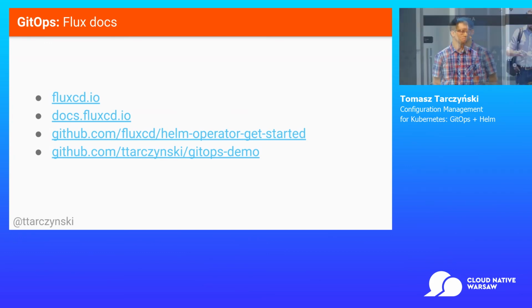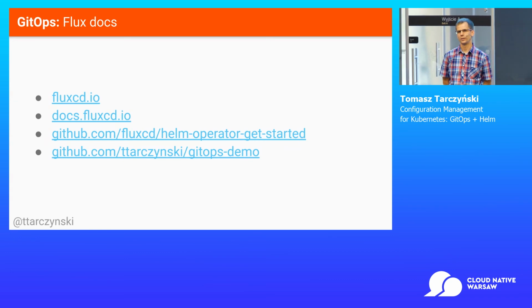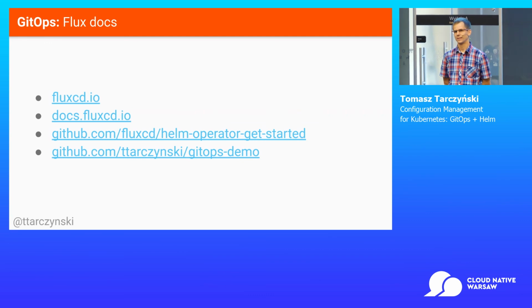Which version of Helm did you use? It's Helm 2 still. So what about the problem with Tiller? Because it's a high availability problem, because there is only one instance of Tiller in your cluster.